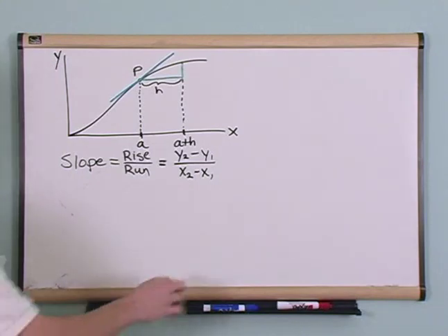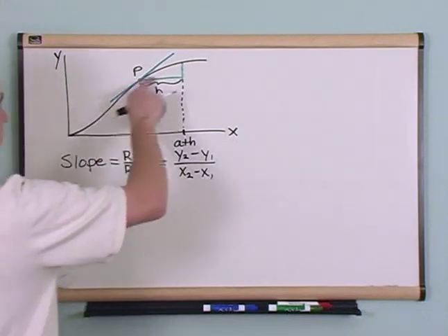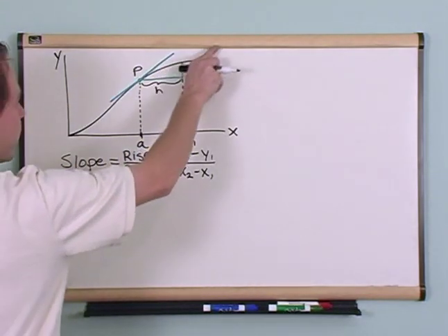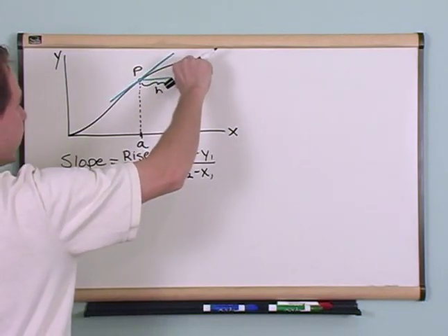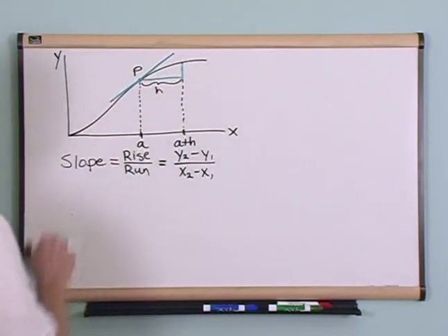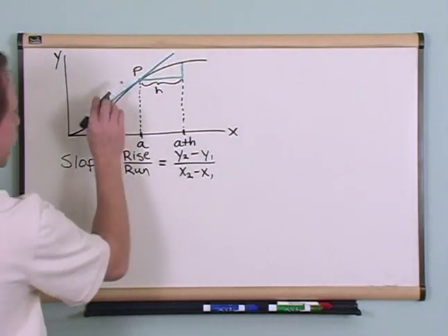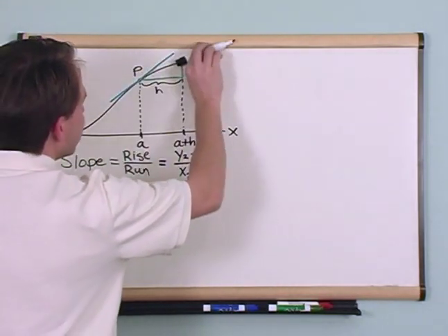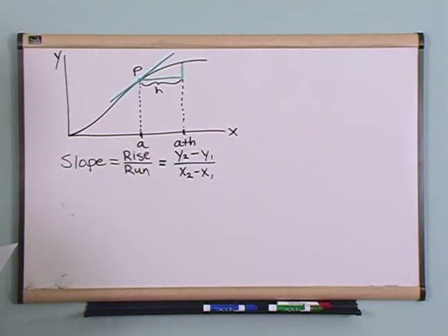Okay? Well, look here. If you were to calculate the slope of a line kind of going through these 2 points here, you could do it by looking at the rise here and the run here. Now that wouldn't be exactly what we're trying to find with this line, but if the line were going through these 2 points, we would look at this rise and this run. So let's look at what those rise and runs are.